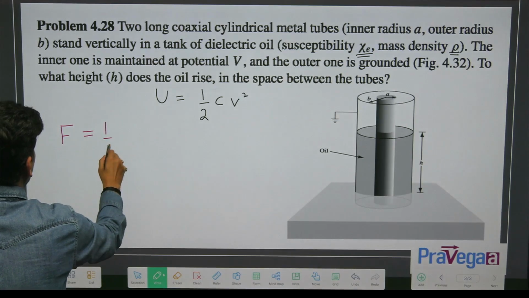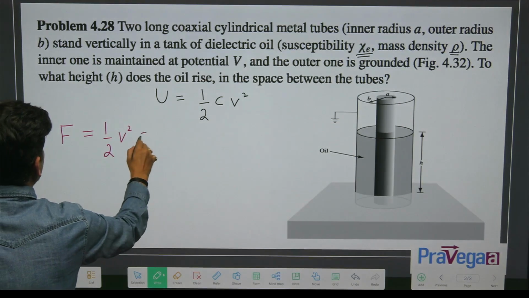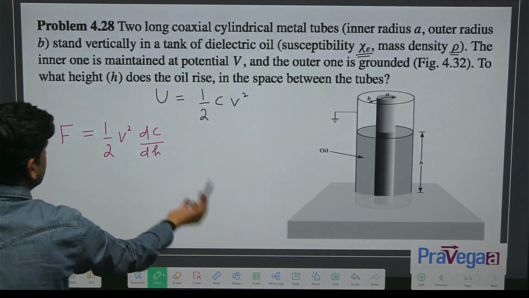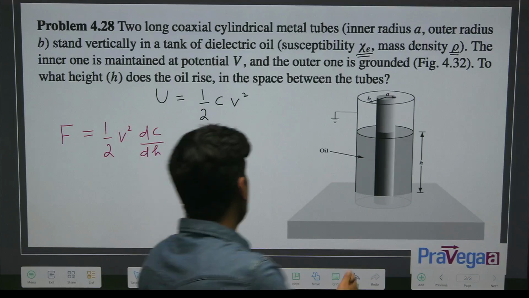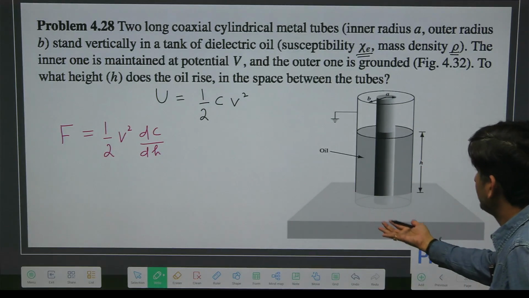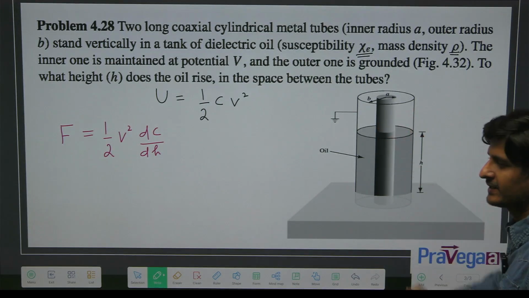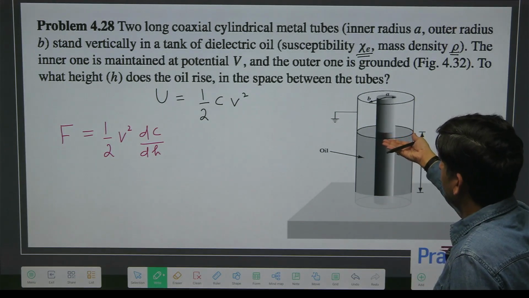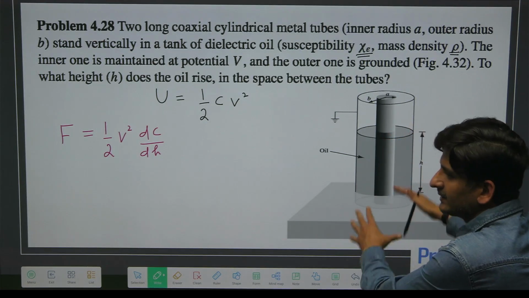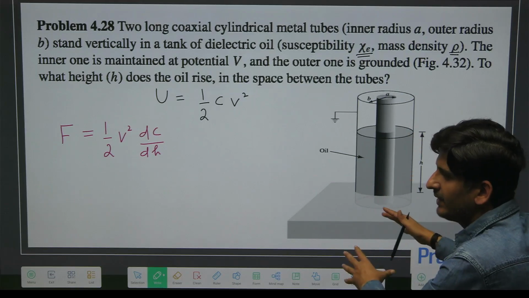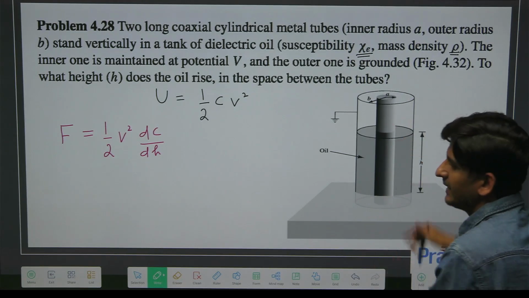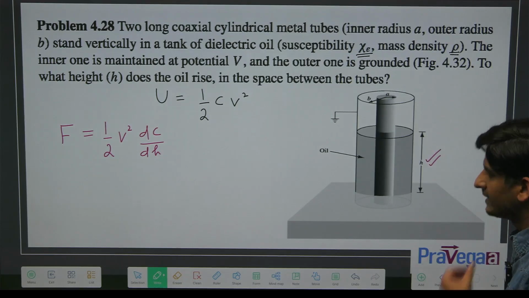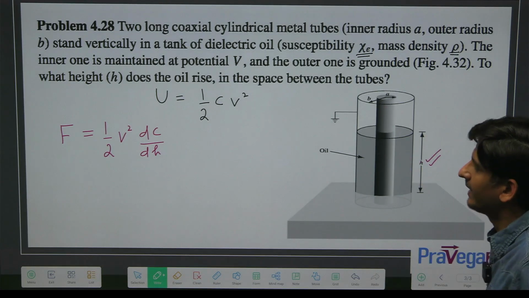It will be half V squared dC by dh in this case, because the oil will be sucked into the low dielectric medium and it will start rising, but then because of its weight, because of the gravitational force, both will achieve an equilibrium, and that will be the final height h up to which the oil will rise.